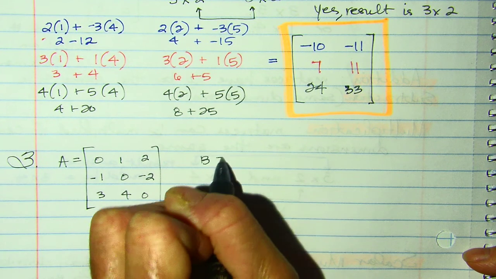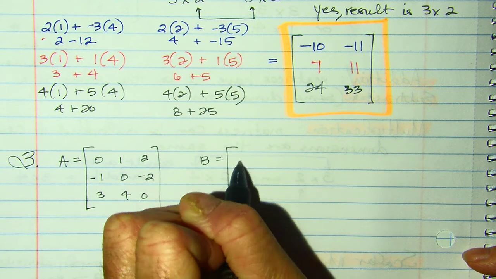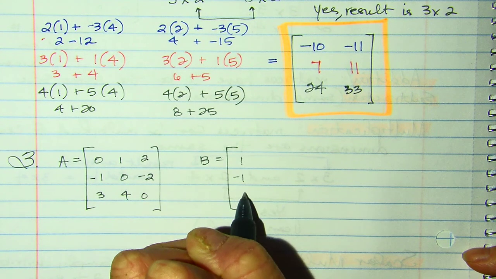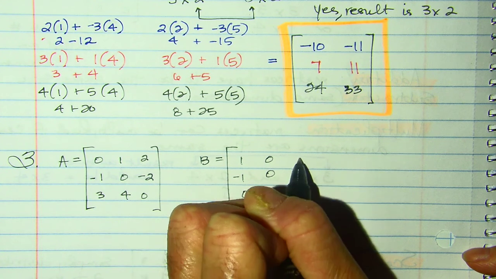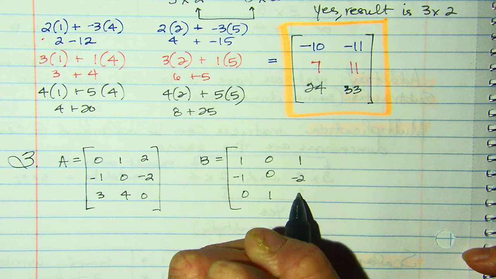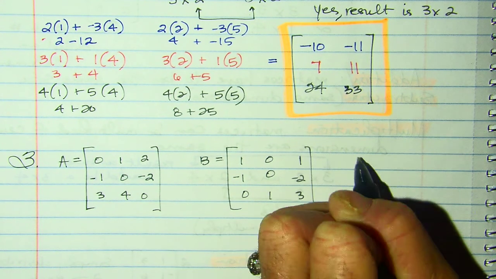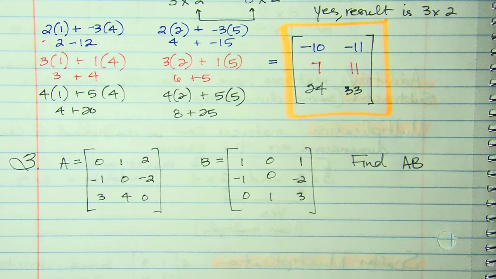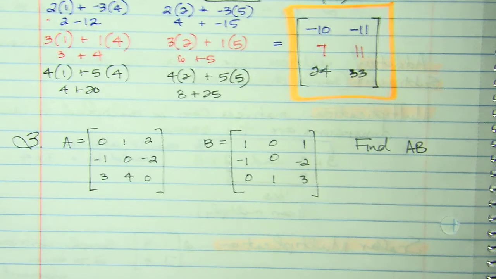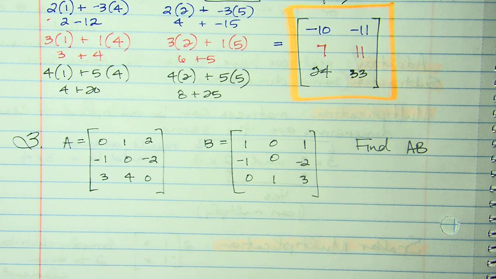Matrix B, I've got 1, -1, 0, 0, 0, 1, and 1, -2, 3. And they'd like me to find AB. So I can keep it in the order they gave it to me.